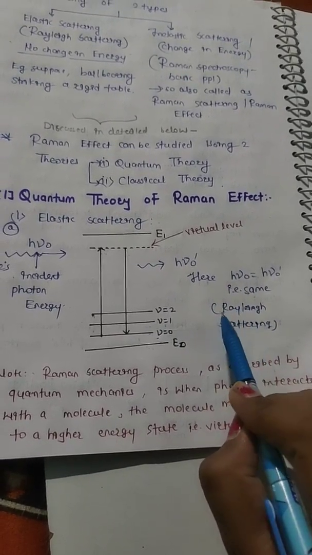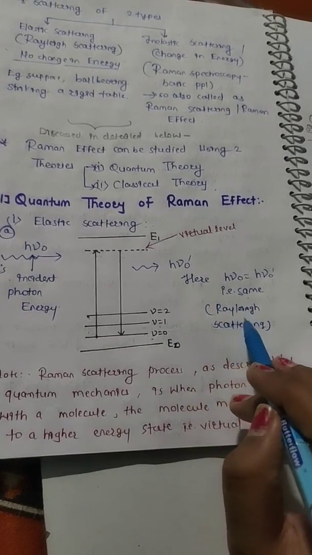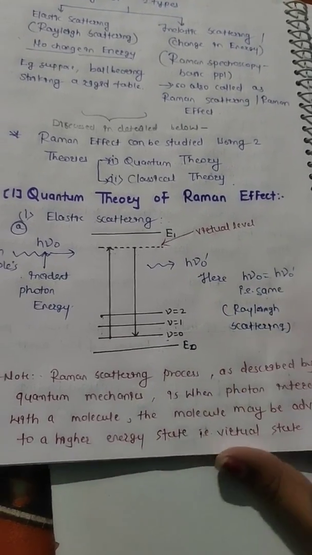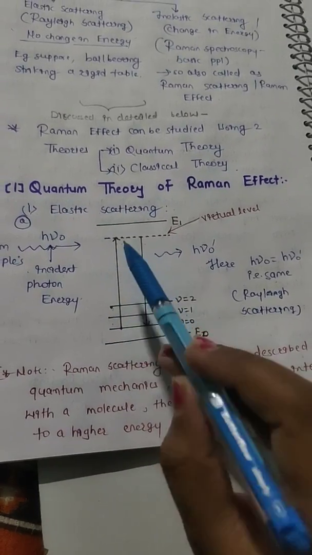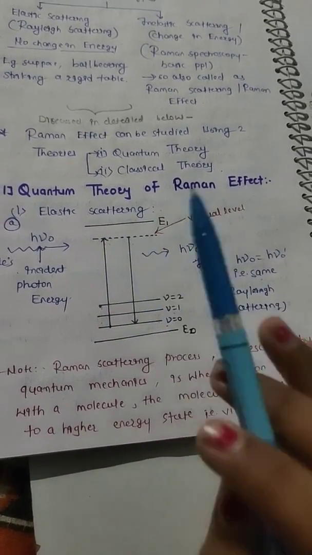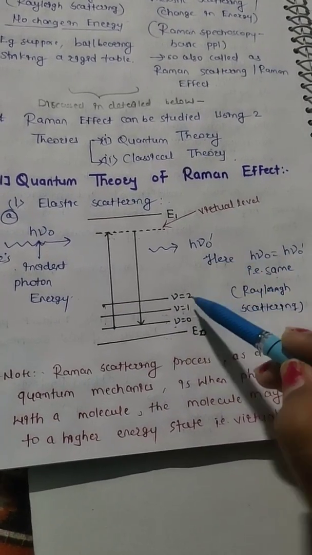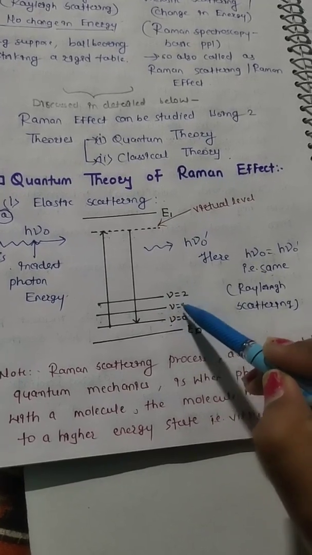It is called elastic scattering, or by a fancier term, Rayleigh scattering. How this happens will be discussed using this diagram. In an earlier chapter we discussed that suppose we take two vibrational levels.